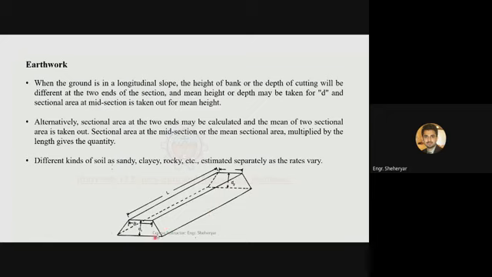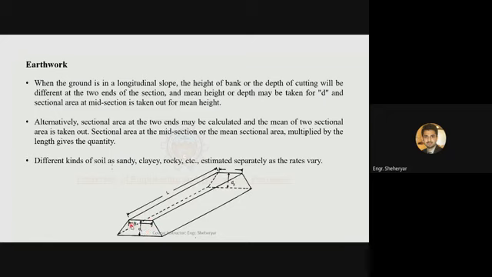If you look at this segment of the road, if you take a section, it will look like a trapezoid.